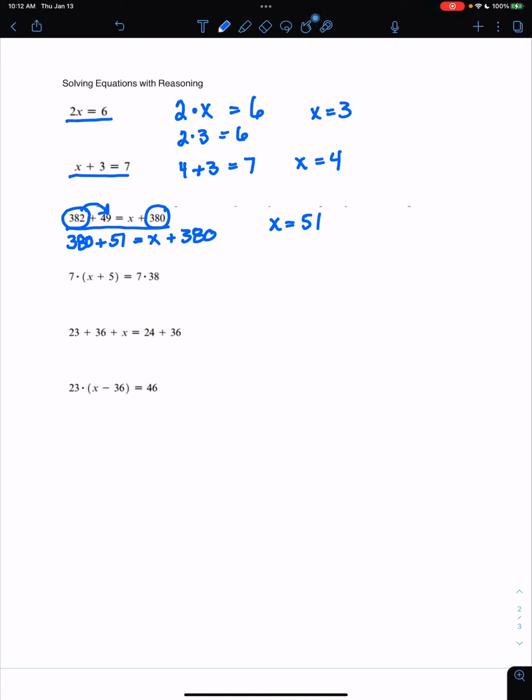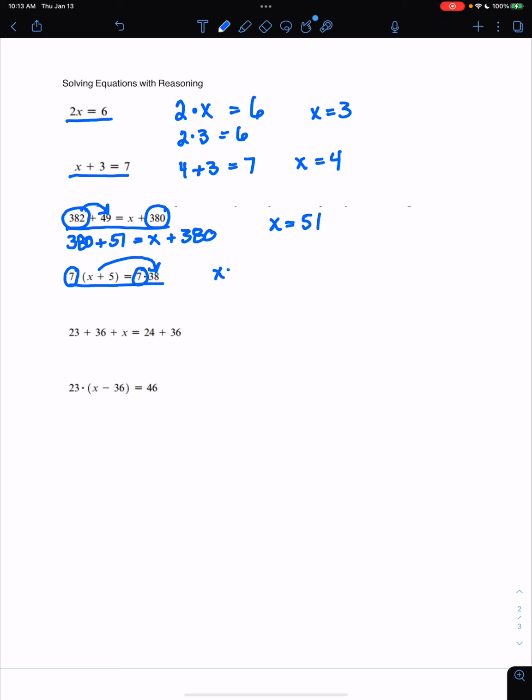Here's another example. Here I have 7 times the quantity x plus 5 equals 7 times 38. Well, here again, I see 7 times and 7 times. So I know that these two things go together.